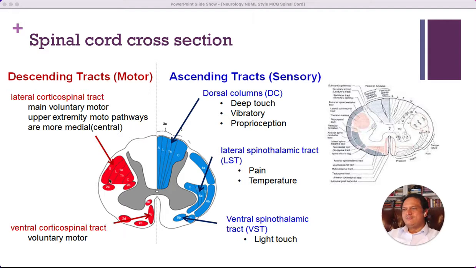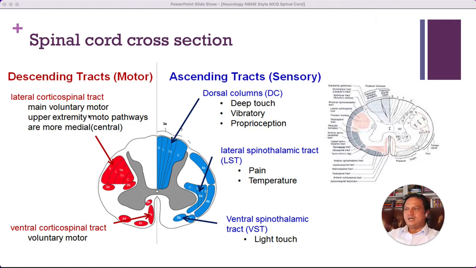So we look at the simplified version here, and in this slide we're only talking about the white matter. As you can see, the descending information is basically two main groups. There is the lateral corticospinal tract, which is the main voluntary motor control, bringing information down to control the final neurons that control the body, which are in the gray matter here.